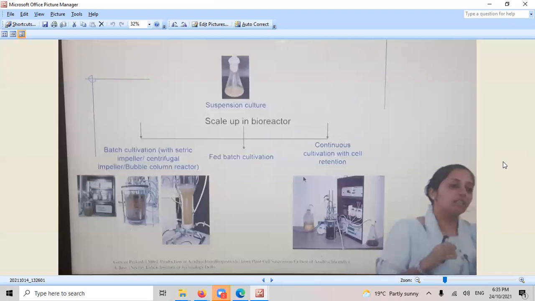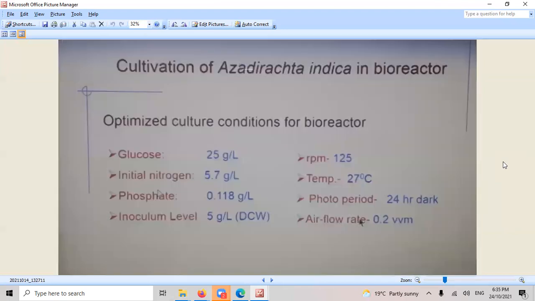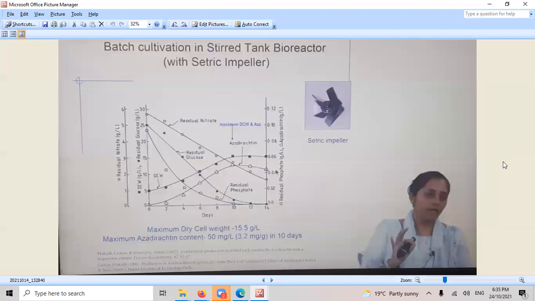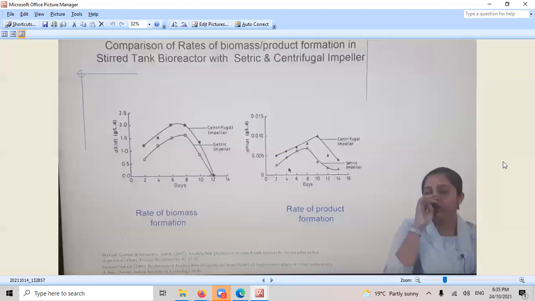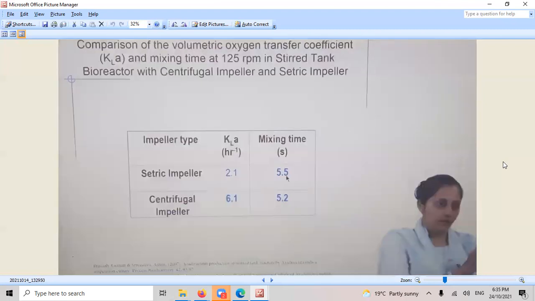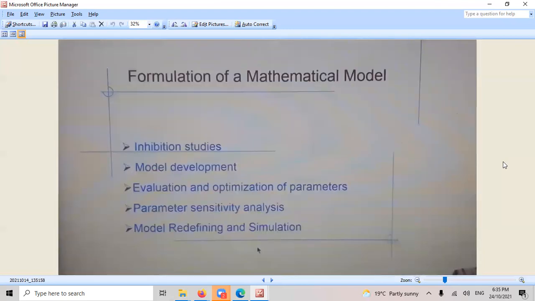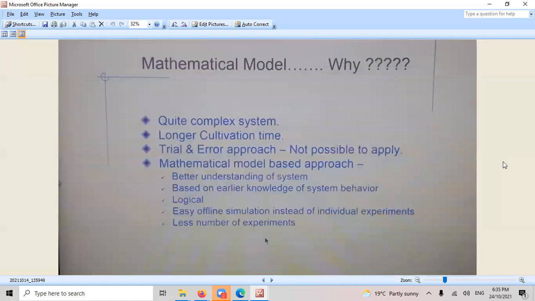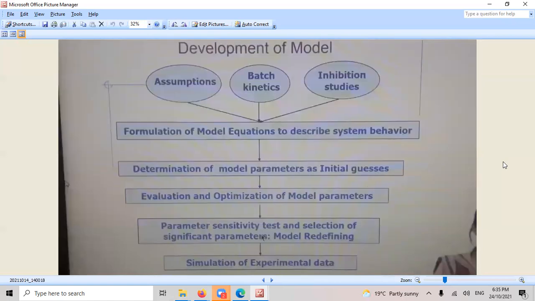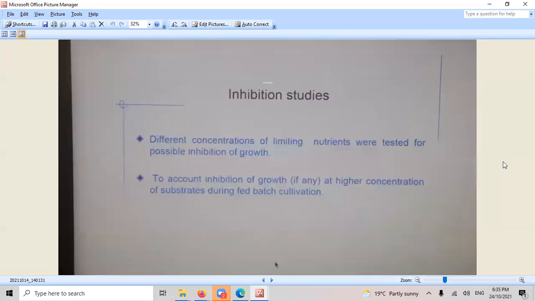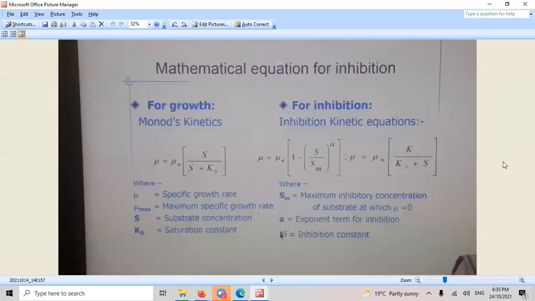Large scale reactors. It's cool that they show you exactly what they put in, so if you want to replicate it or do your own experiments, you have this as a baseline. Inhibition studies.